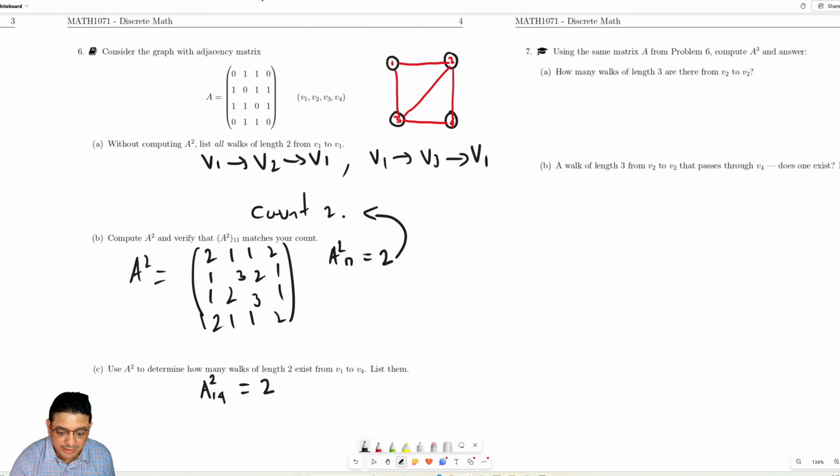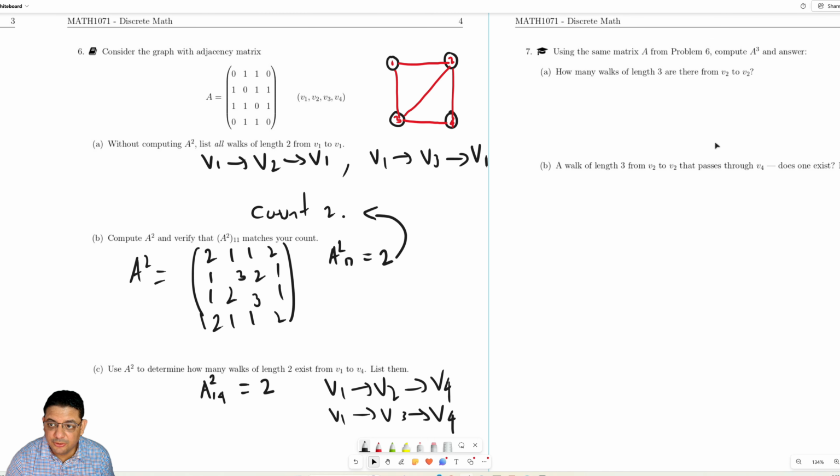And so this tells me there are 2 walks of length 2 from B1 to B4, which is pretty much: from B1, I go to B2, I go to B4. And from 1, I go to 3, and I go to 4. So those are the 2 walks of length 2: B1, B2 to B4, and B1 to B3 to B4. So it helps me to see, if I have the matrix, how many walks are possible in the graph.